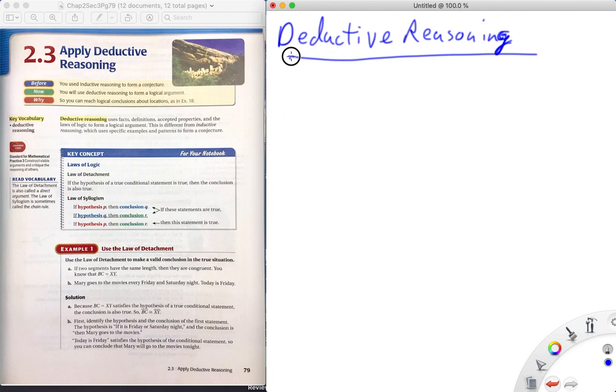In deductive reasoning, we're making a formal argument. We're going to use facts. We're going to use definitions. We're going to use laws of logic.